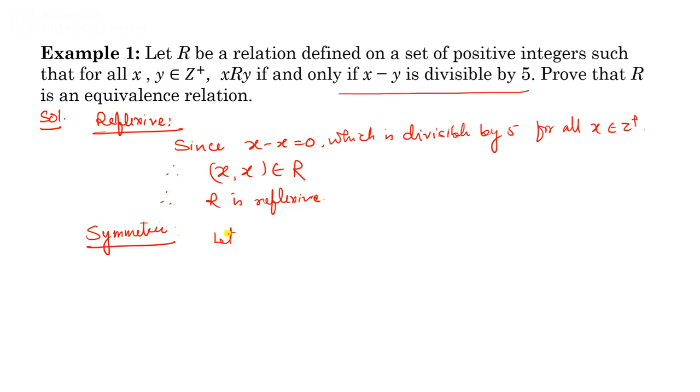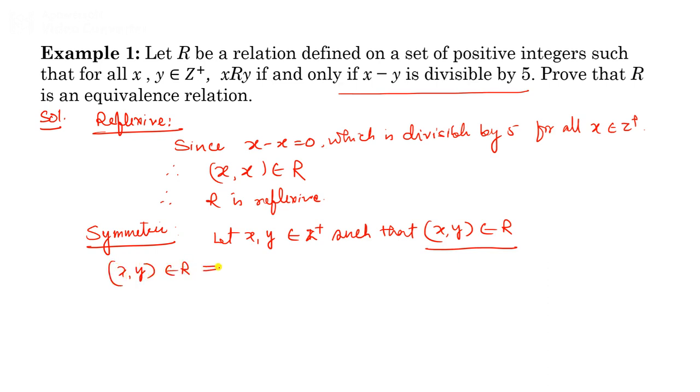Let x, y belong to Z plus such that (x, y) belongs to R. We have to assume this conditional part and now we have to show that (y, x) belongs to R. So we start with (x, y) belongs to R. This implies x minus y is divisible by 5.